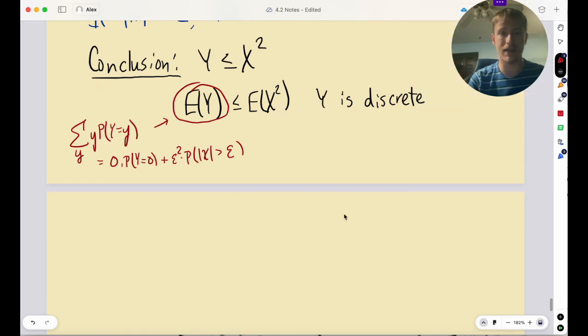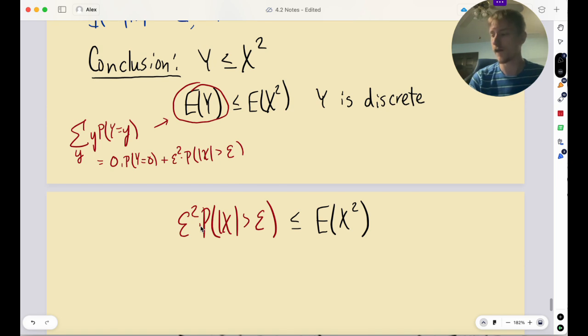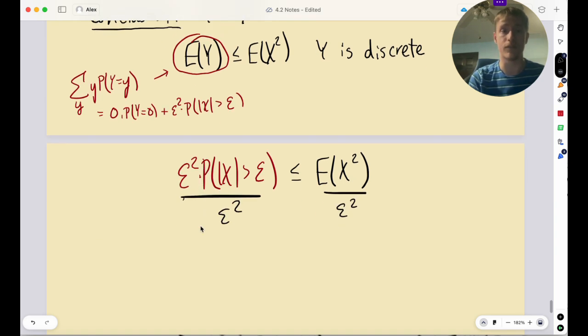So we get that epsilon squared times the probability that the absolute value of x is bigger than epsilon has to be less than or equal to the expected value of x squared. All we can do now is divide both sides by epsilon squared, and we get our inequality.